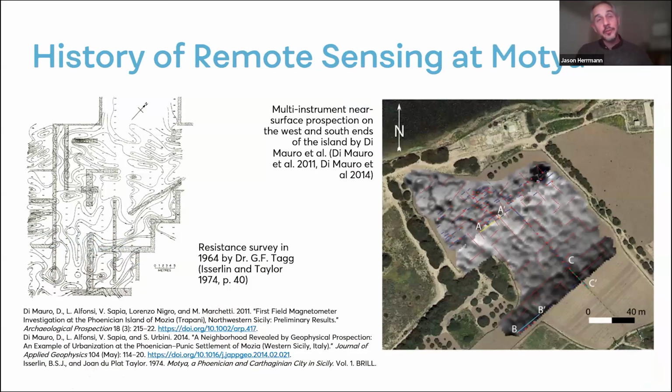We're not the first ones at Motya to take a landscape approach. There were geophysical investigations at Motya as early as 1964 by a team from Leeds University in the UK. You can see here their results were difficult to interpret.